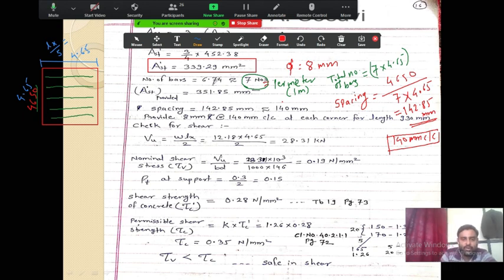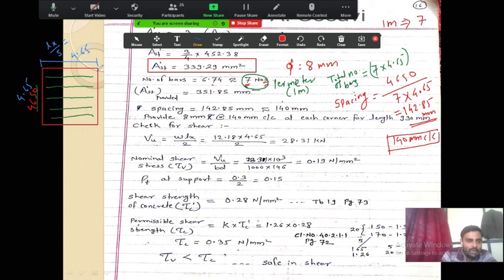We have already calculated the number of bars. How many bars are there? 7. But these 7 bars are for 1 meter width. We initially assumed our width is 1 meter, so for 1 meter, 7 bars are required.